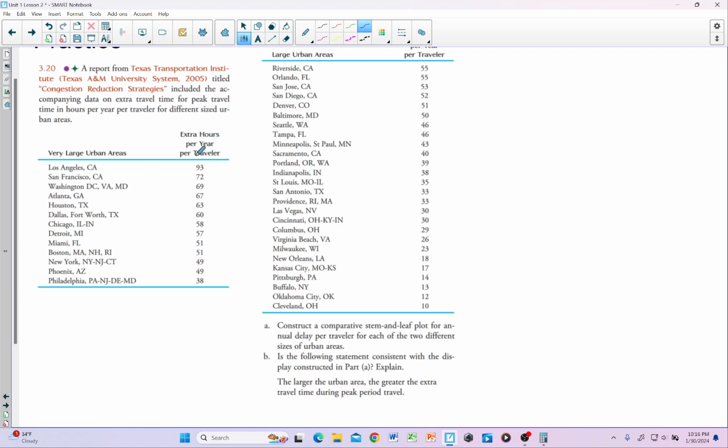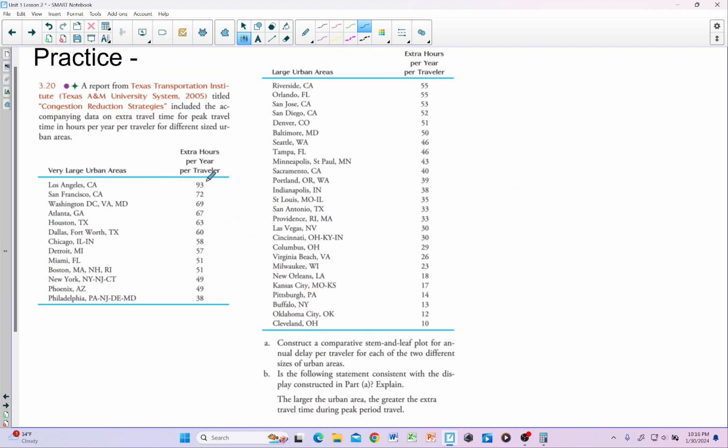So this is extra time that people have in their year just based on traffic. Yikes. Ooh, I don't want to be here. Yikes. Okay, very large urban areas, large urban areas.